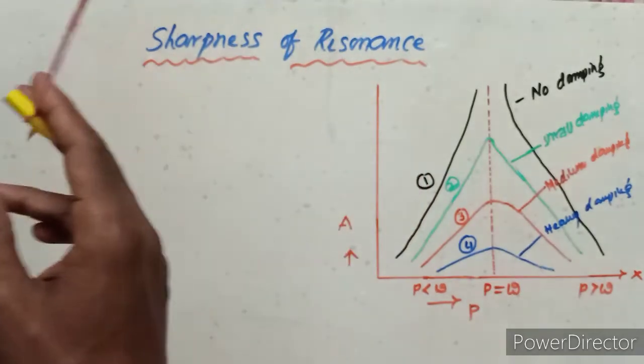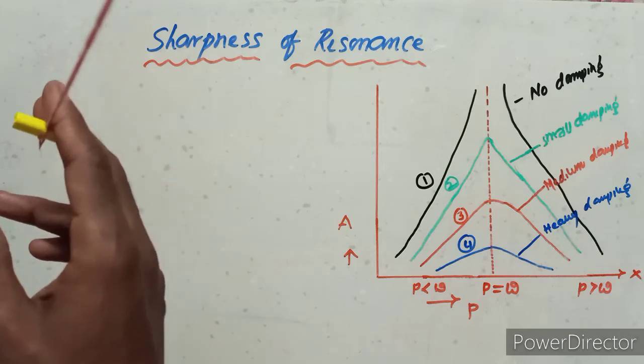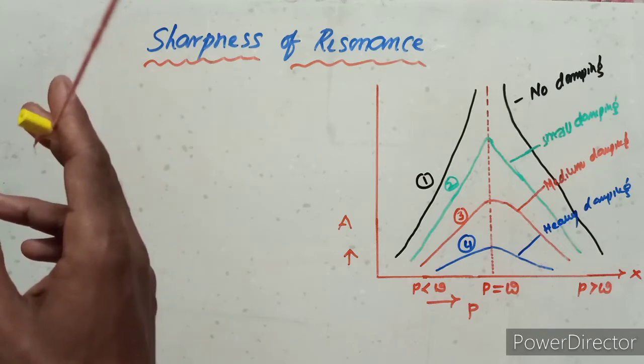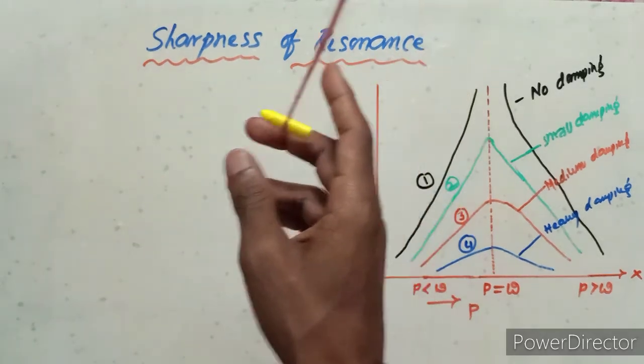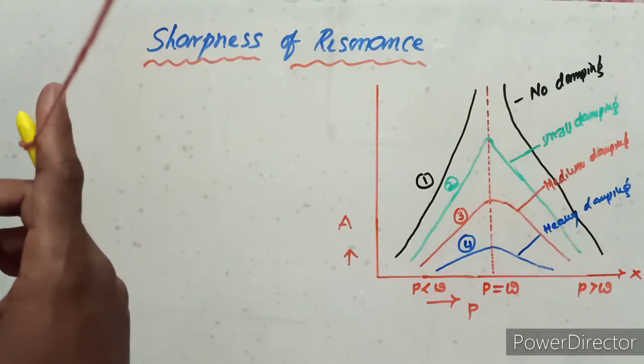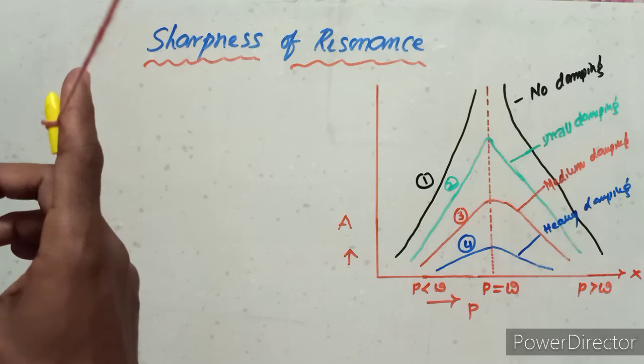That is the maximum amplitude, and when the amplitude is maximum, there is no damping.